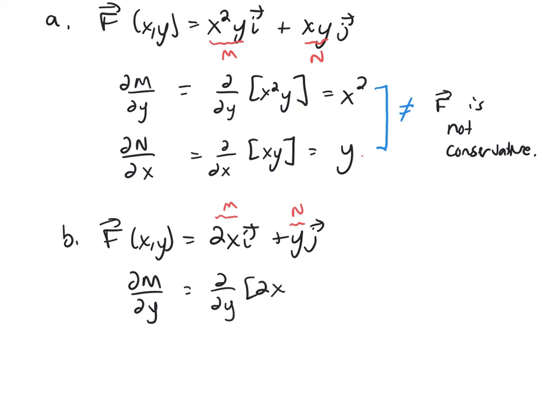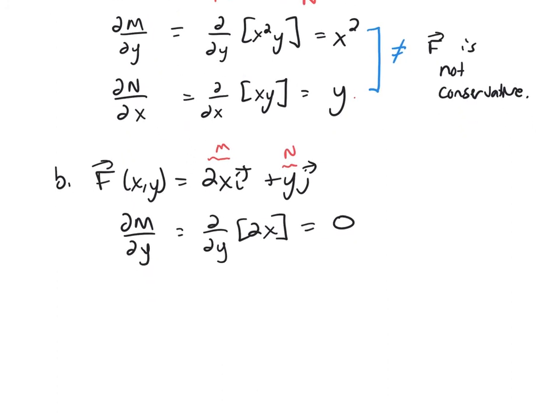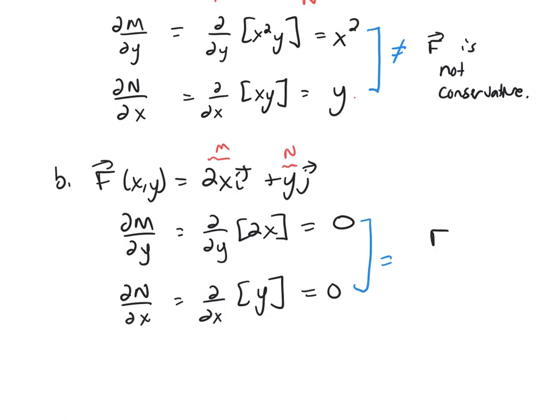The derivative with respect to y of 2x will be 0. And then the partial derivative of n with respect to x, I'm taking the partial derivative with respect to x of y, which is 0. And if I compare these two values, they are equal. So this tells me F is conservative.